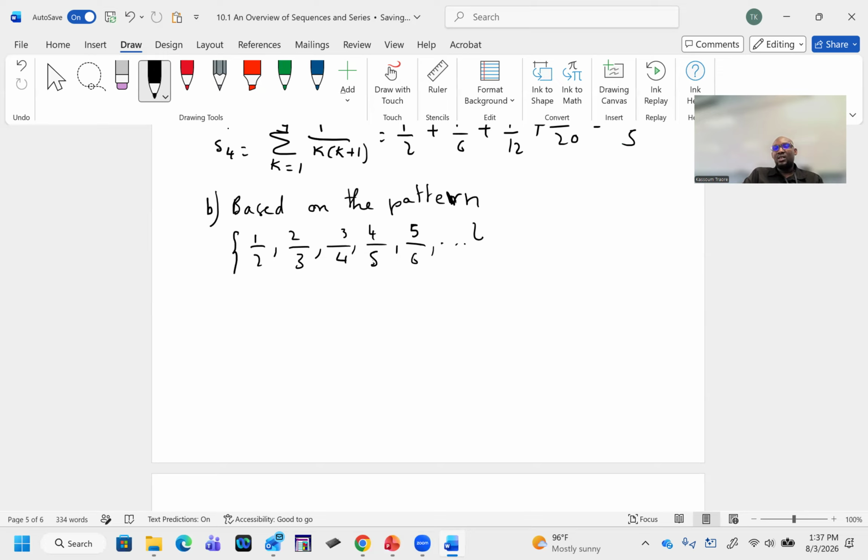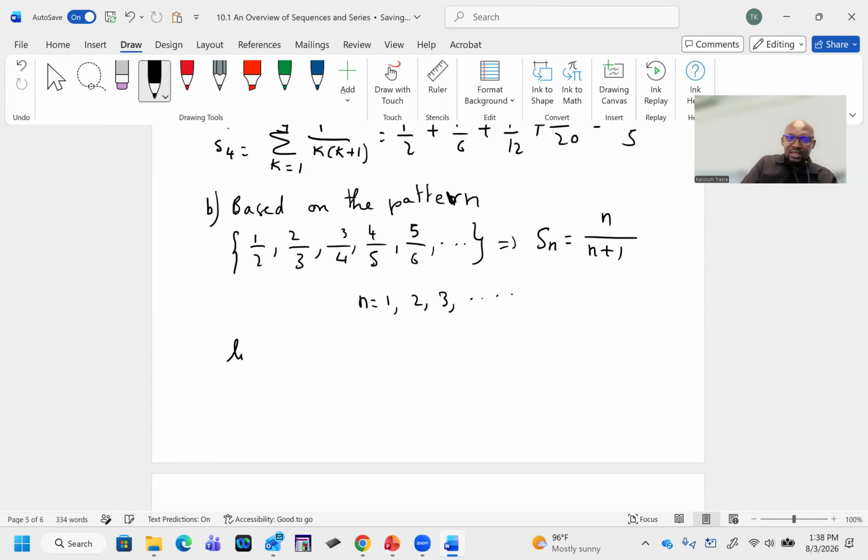Right? So we can say what? Our S sub n is n divided by n plus 1, because the denominator is always just 1 unit more than the numerator. And I will set n starting from 1, 2, 3, and so on, right? So a reasonable conjecture, so we can find the limit.